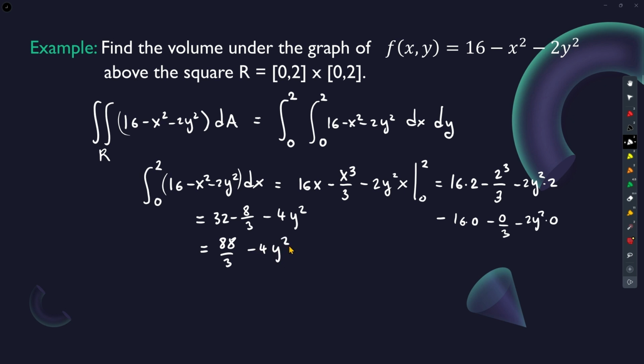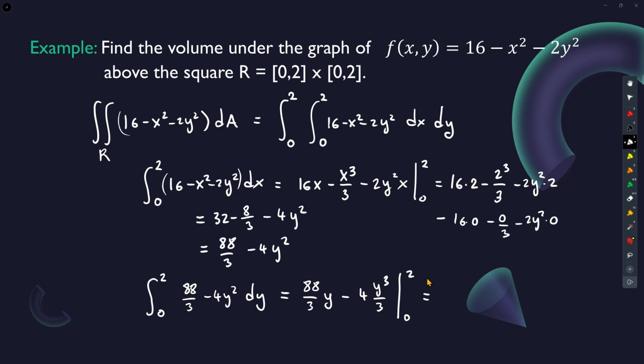And now I keep going: I integrate from 0 to 2 the result, 88 divided by 3 minus 4y squared, with respect to y. The integral of this will be 88 over 3 y minus 4y cubed divided by 3, evaluated between 0 and 2.